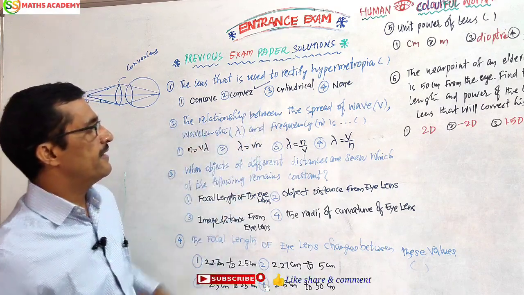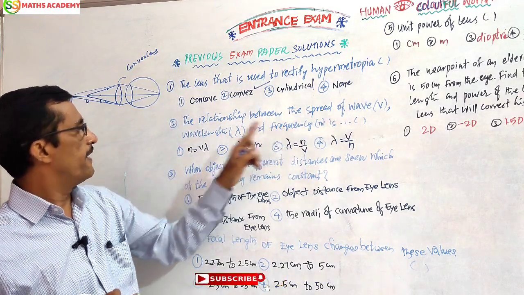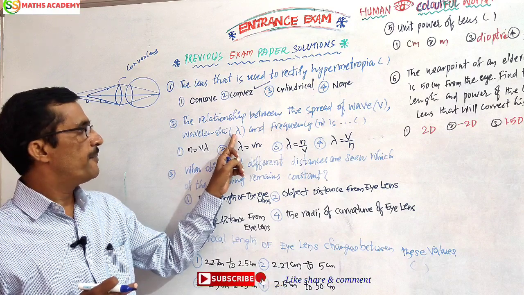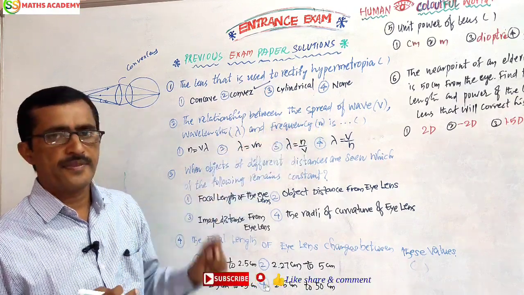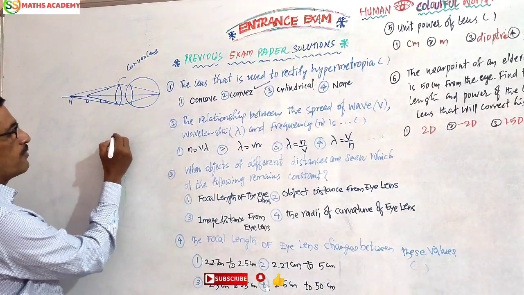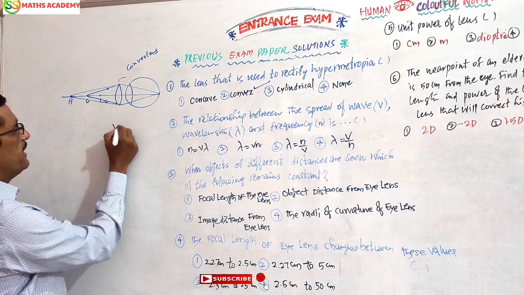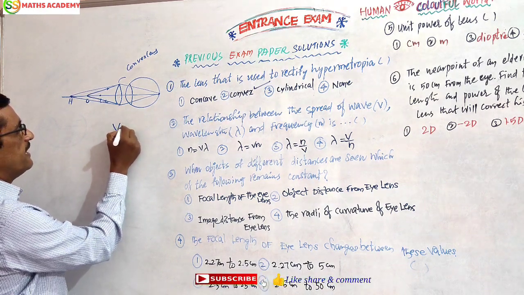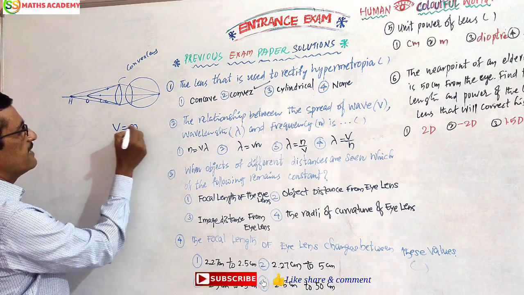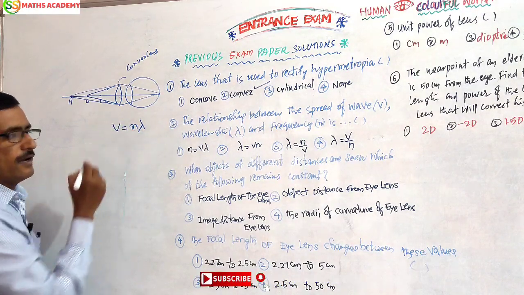Next, the relation between the speed of wave V, wavelength lambda, and frequency n. We have one formula: the speed of the light is V, the frequency of the wave is n and the wavelength is lambda.